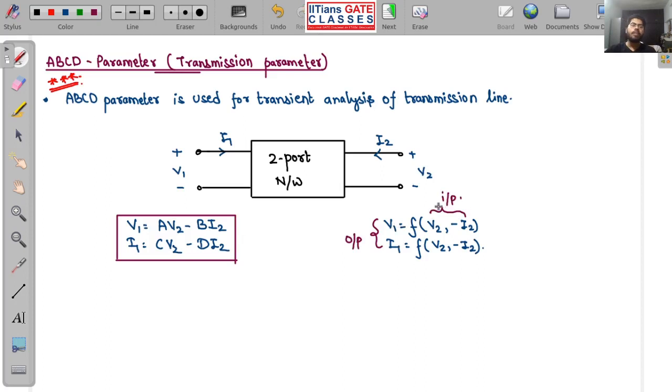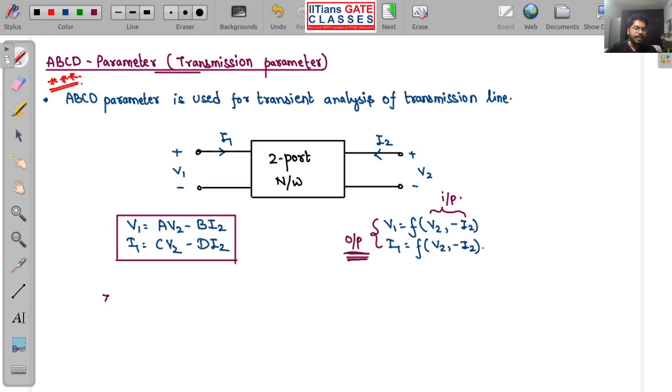Now the problem with the ABCD parameter is that I cannot make an equivalent model. Why can I not make an equivalent model? Because you can see the output present here is actually from the input only. Both the variables are from the input.